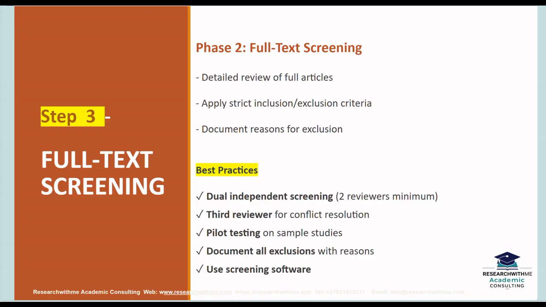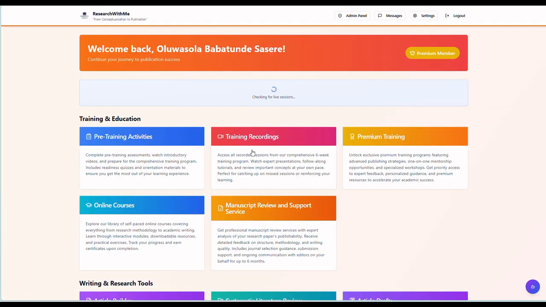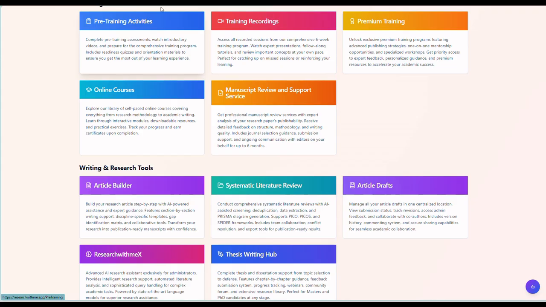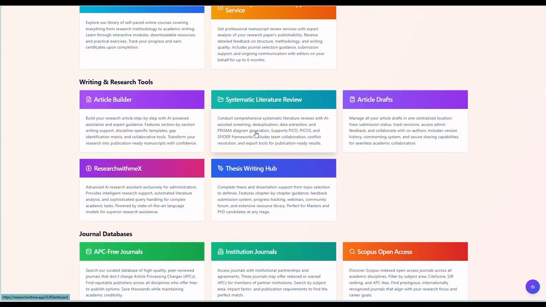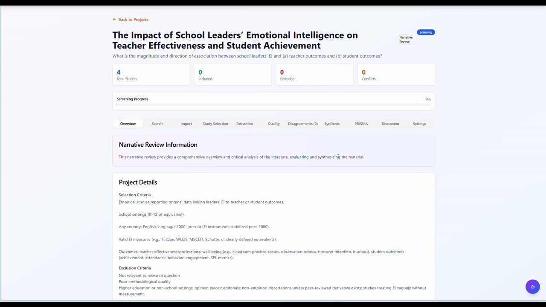Before I continue, let me quickly show something. I said the other time that you can do your data screening two ways. You can do it manually, or you can use systems that have been built for that purpose, as you can see on the screen.